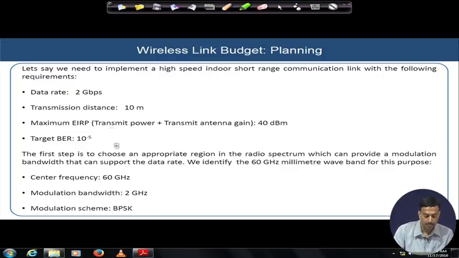So once we have zeroed in on a possible solution to meet these requirements, let us see what kind of wireless system, a 60 gigahertz wireless system, needs to be designed in order to meet a target BER of 10 to the power minus 5.